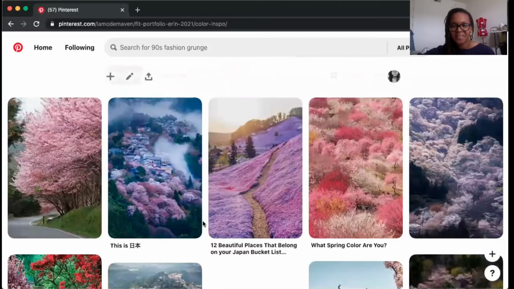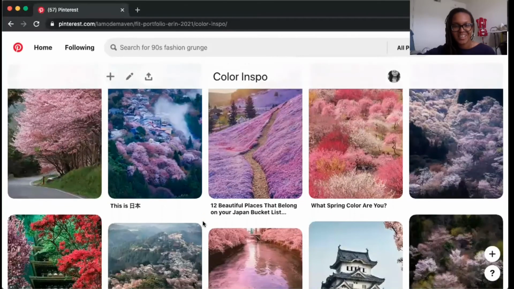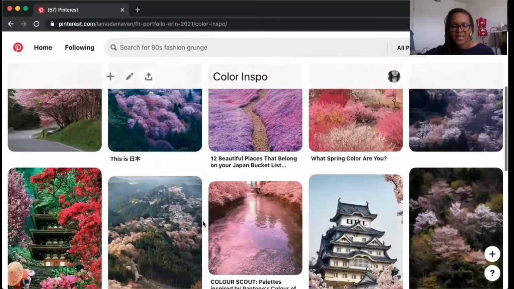Look how soft that is. It's gorgeous. But I want to balance that out with a little bit of grit, a little bit of dirt, a little bit of grime, because I think that's what a city has to offer.